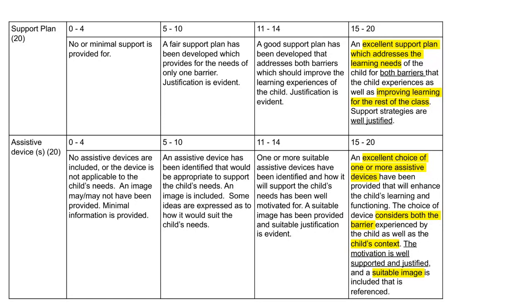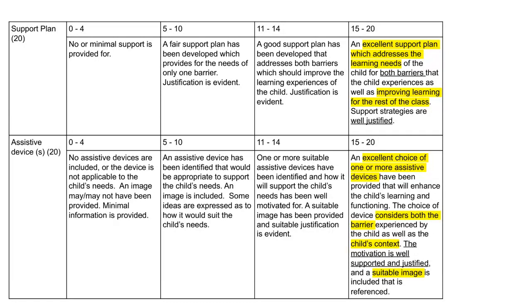And some children may have difficulty answering questions perhaps because they're not English speaking. Right? So consider that, so that you can actually show how this would be something that could improve learning for all the rest of the class as well. It's not just to improve only his learning. That's the amazing thing. Once you start putting something in place for one child, you often find it works for other children too.